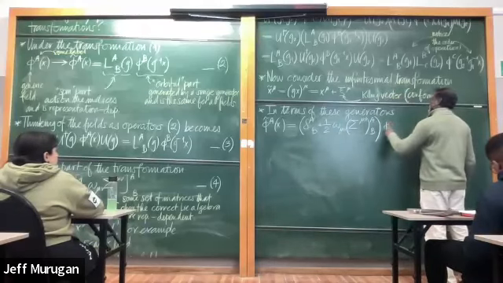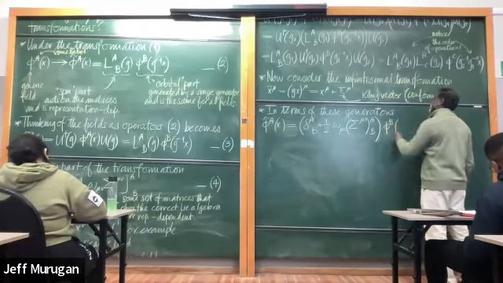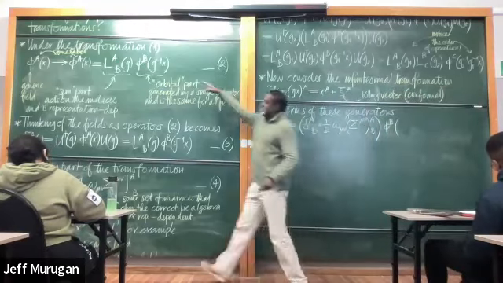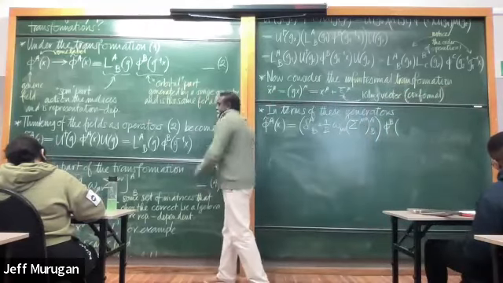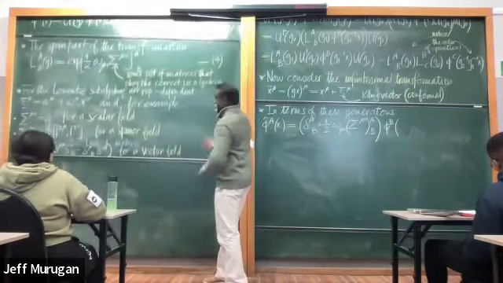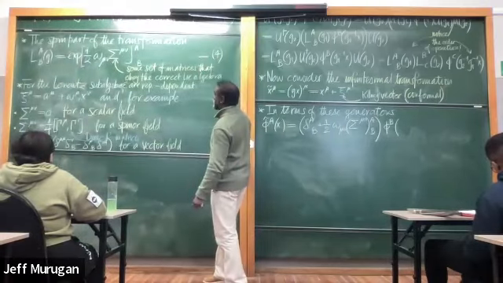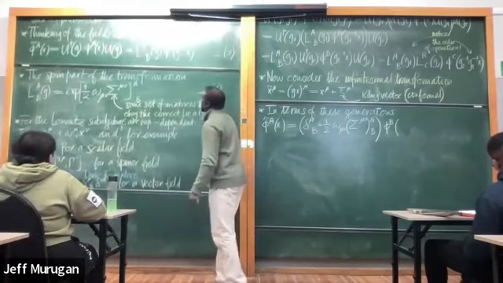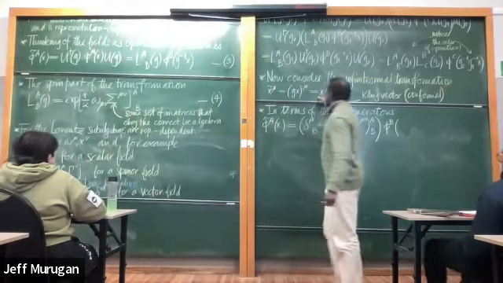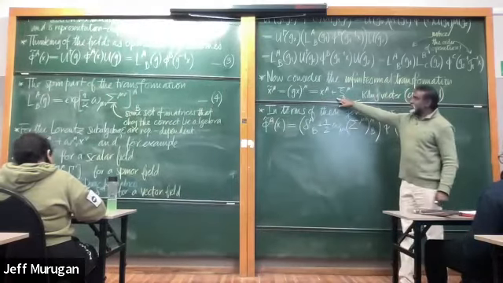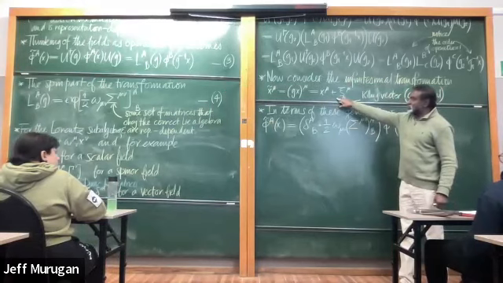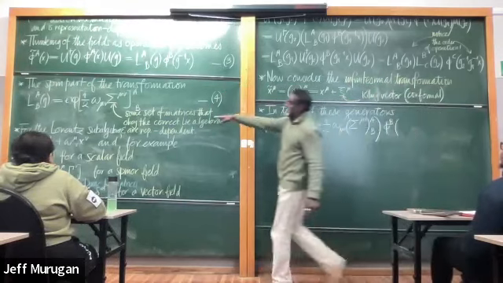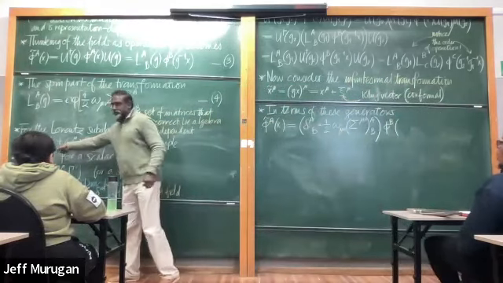But then it multiplies by phi B of g inverse x. And so g of x takes x to x plus psi. We know what this psi is for the Lorentz.